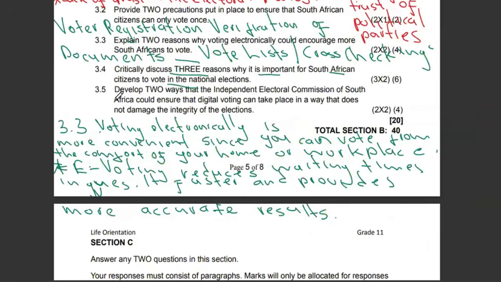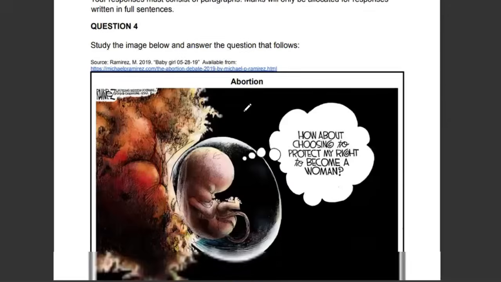Now going to 3.5. Develop two ways that the Independent Electoral Commission of South Africa could ensure that digital voting can take place in a way that does not damage the integrity. So, two ways in which the Independent Electoral Commission of South Africa could ensure that digital voting can take place in ways that do not damage the integrity of elections.